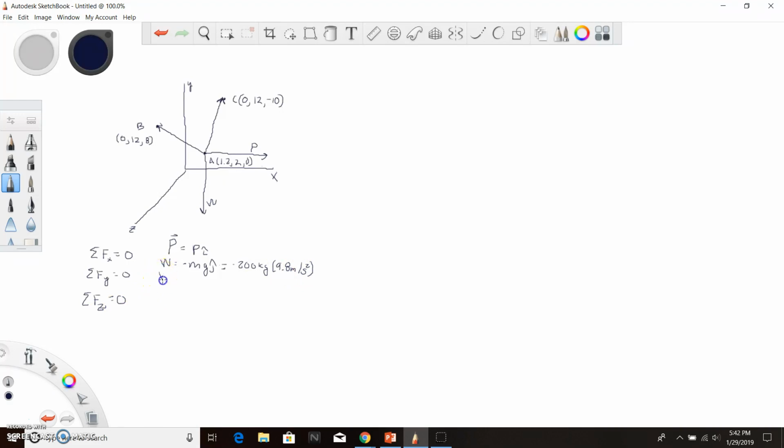So that means W, the weight, is going to equal negative 1,962 newtons J hat, just going in the J hat direction.